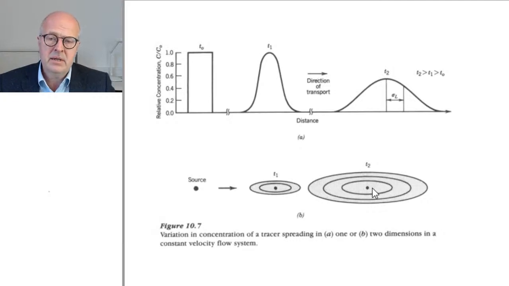If you have initial injection, which is often called Dirac injection, a physicist who defined this type of injection as of infinitely short time and having a unit area, you will then observe the transformation of this Dirac impulse or pulse to a bell shape that is getting wider and wider and wider in one dimension, and if you look in 2 dimensions, you see this growing in both directions, transverse and longitudinal.